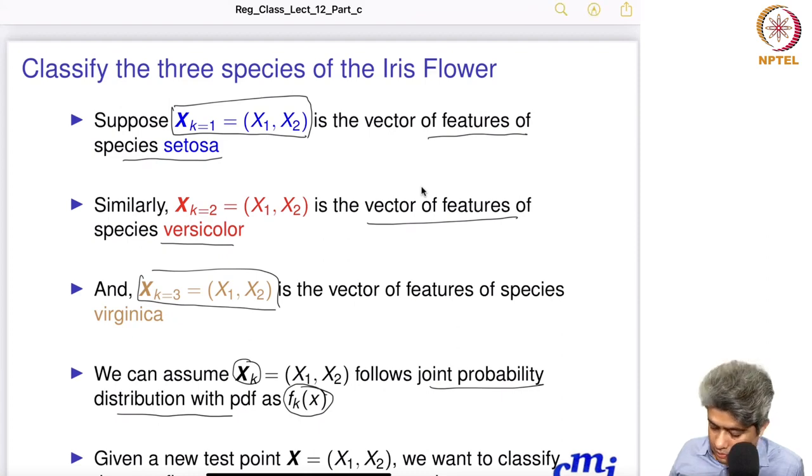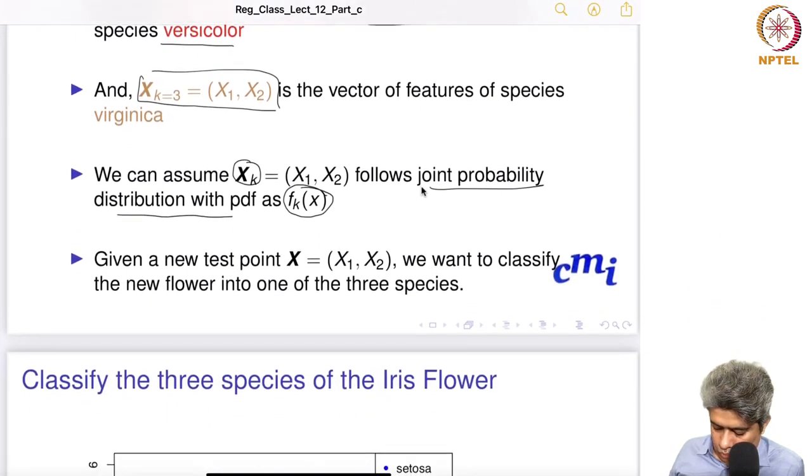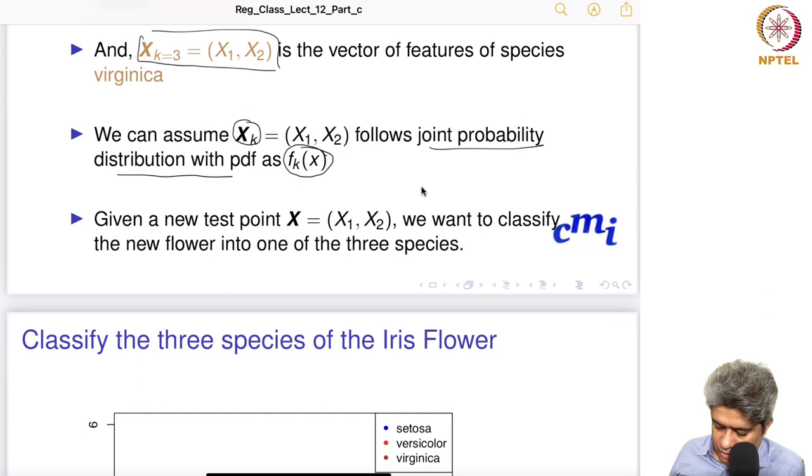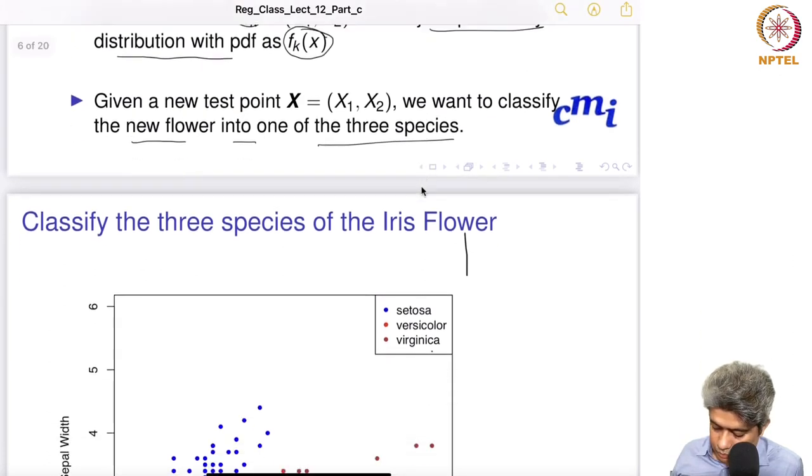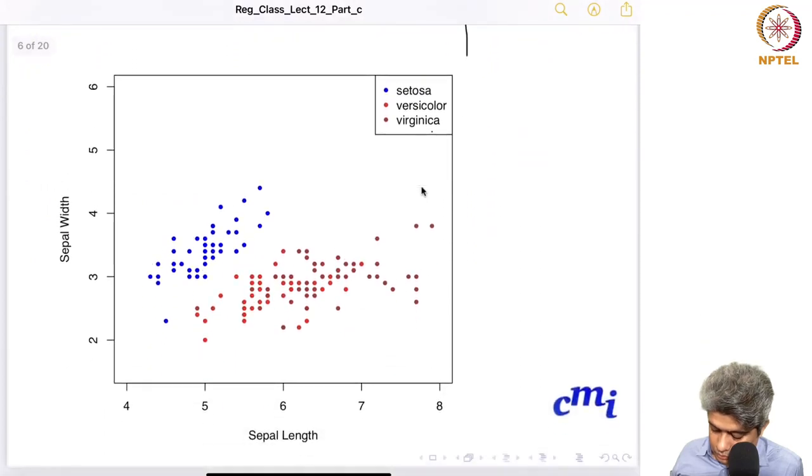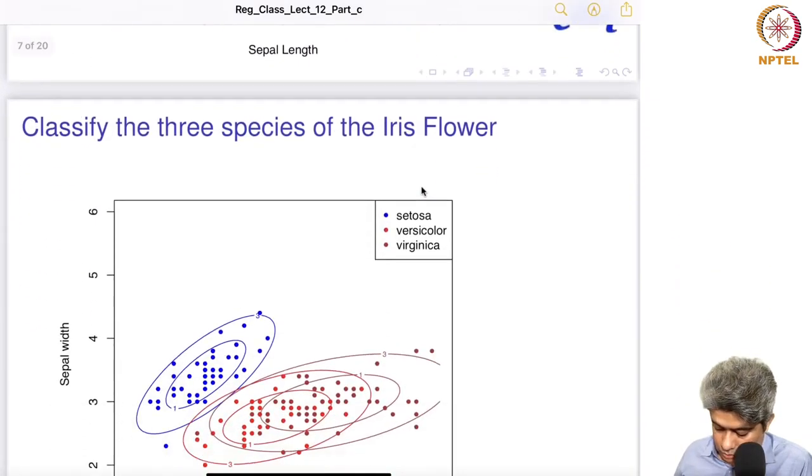Now, given a test point, we want to classify the new flower into one of the three species. Given a test point, which species does it belong to?